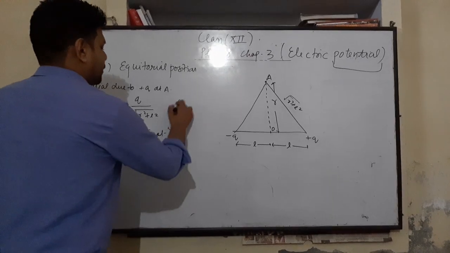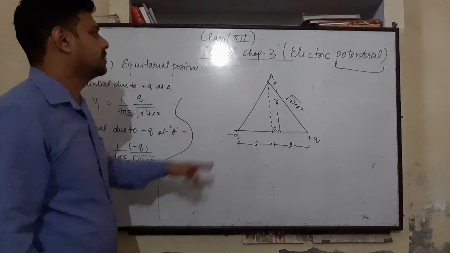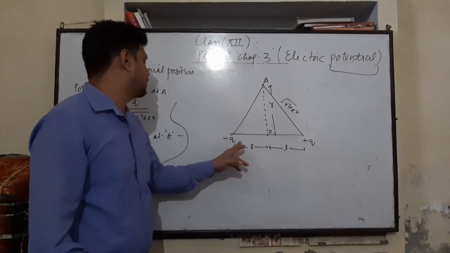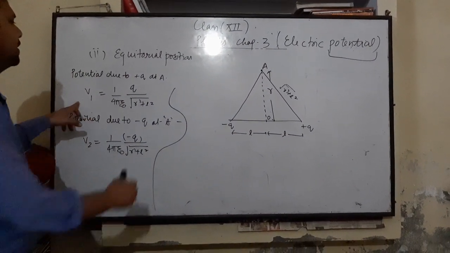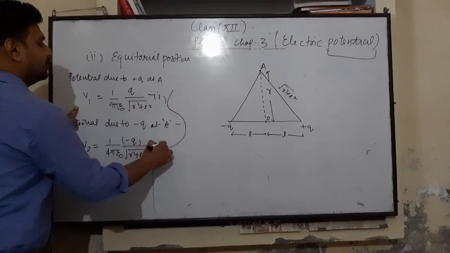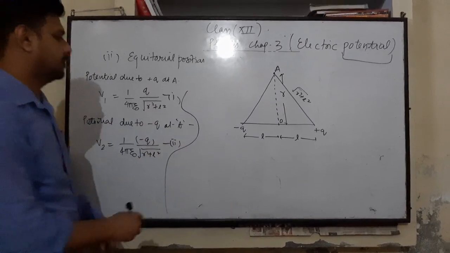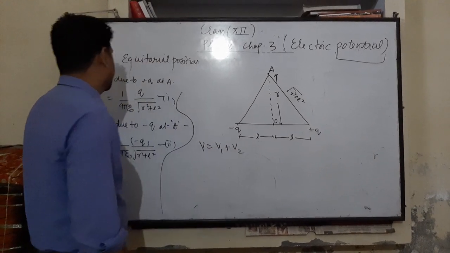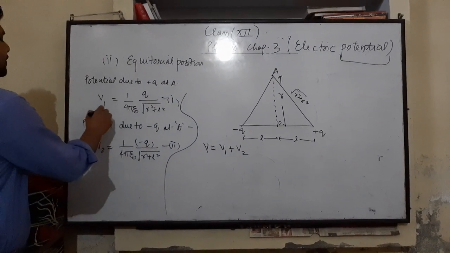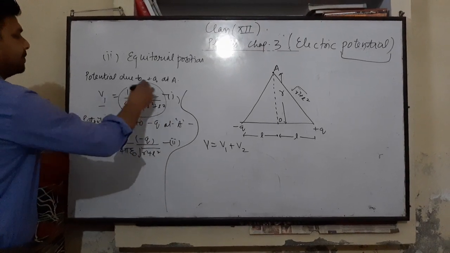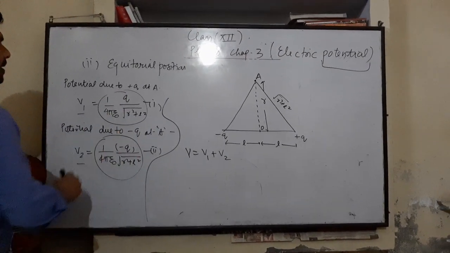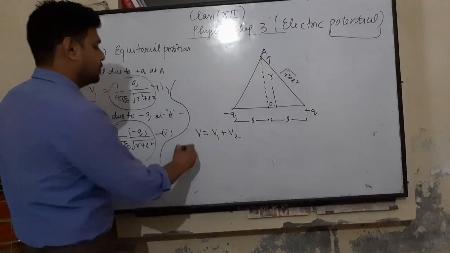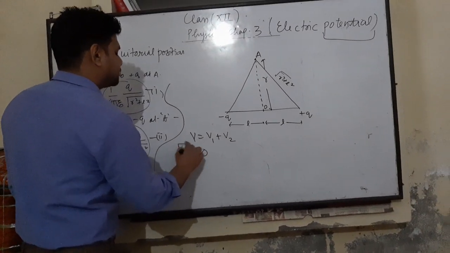Now, for calculating the electric potential at this point due to this dipole, we have to add equations 1 and 2 algebraically. So V is equal to V1 plus V2. As you see, the values of V1 and V2 are the same, but opposite in sign. So it becomes 0.